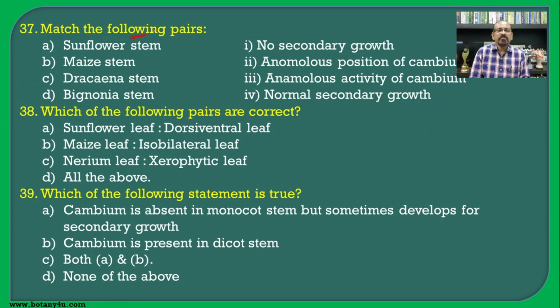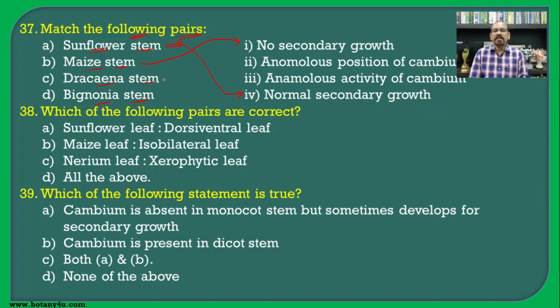Then match the following pairs: sunflower stem, maize stem, Dracaena stem and Bignonia stem. Sunflower stem undergoes the normal secondary growth. Then maize stem, no secondary growth.